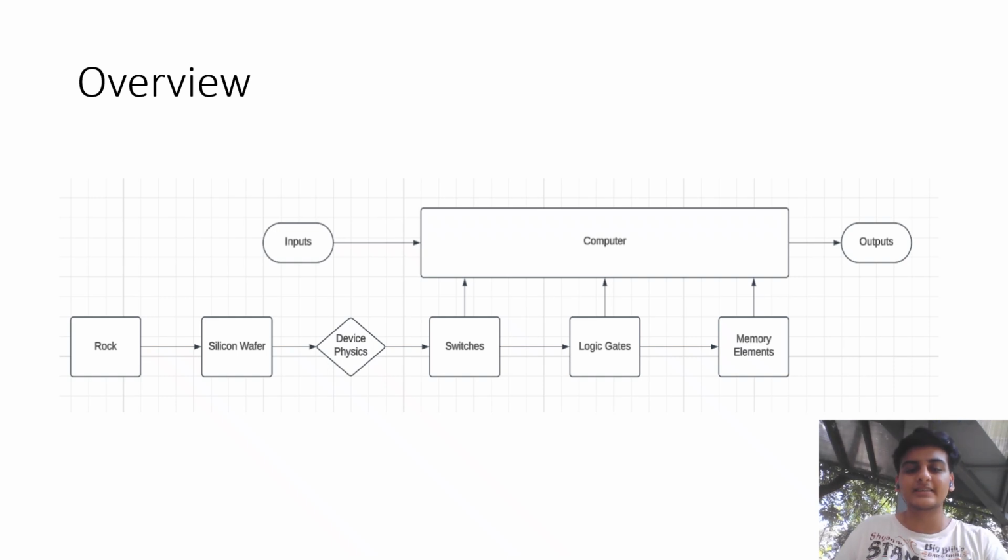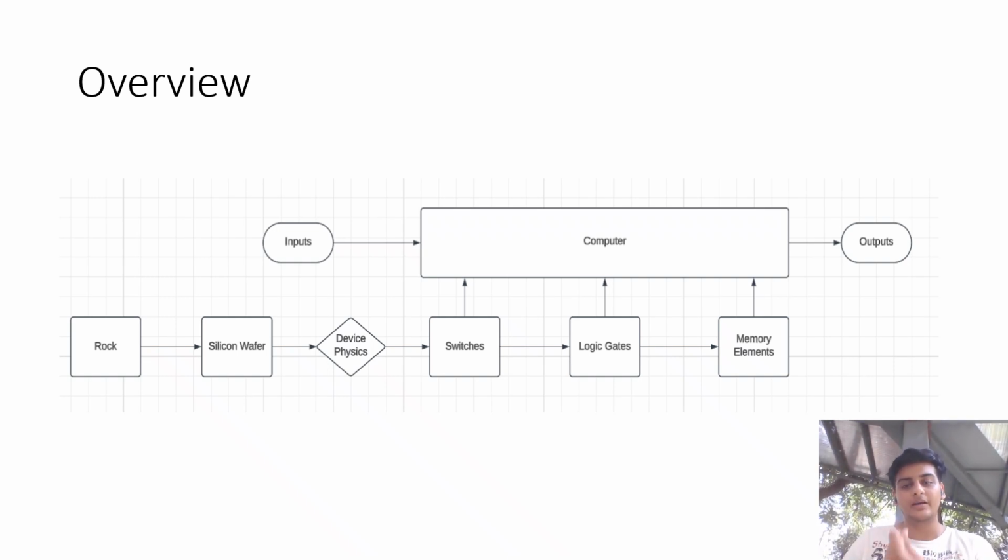The motivation as to why we want to design these transistors or switches is that using switches we can make logic gates, which is something I will talk about today. And using these logic gates, we are able to make memory elements. And the basic motivation is that a computer is basically a combination of switches, logic gates, and memory elements.